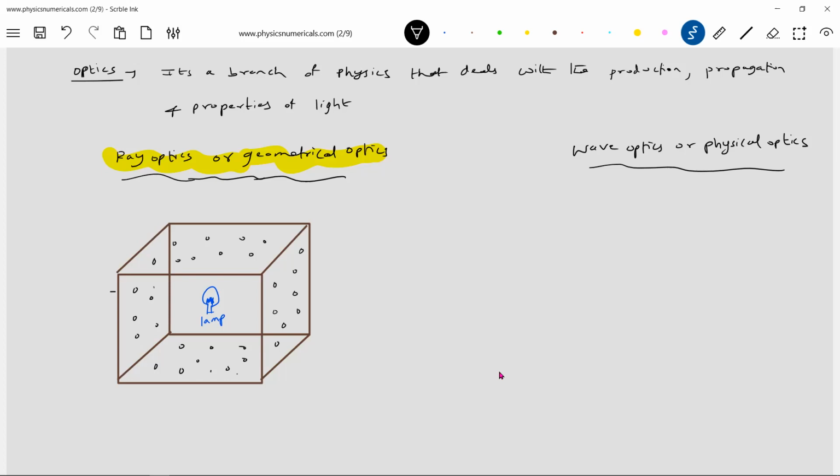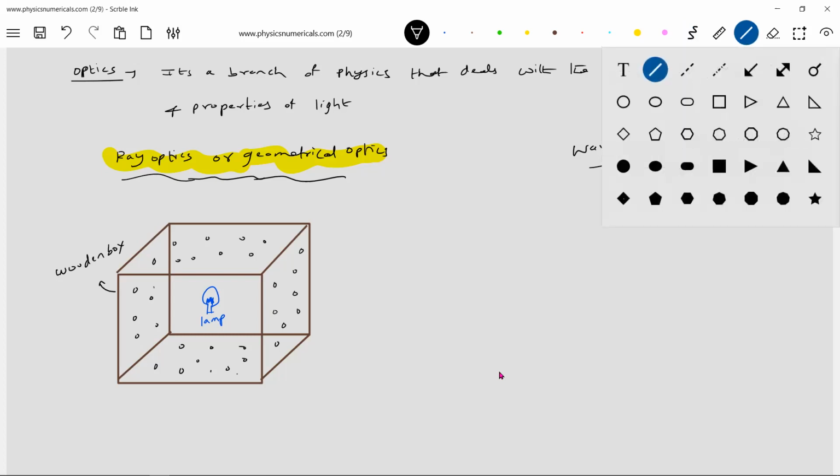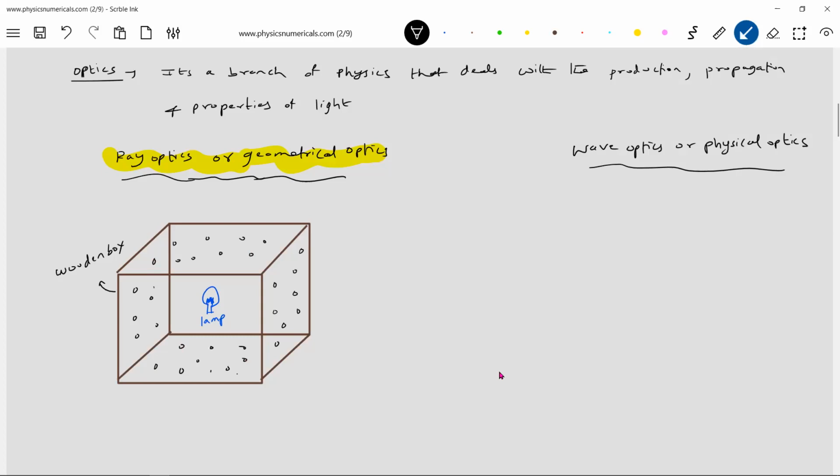When I switch on the lamp, what do we notice here? The light energy, let me represent with a yellow color.